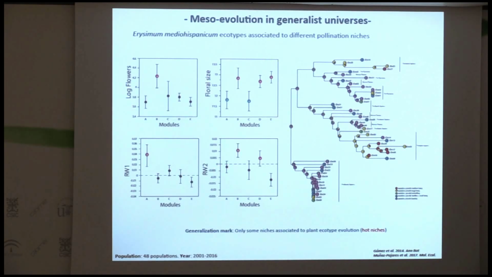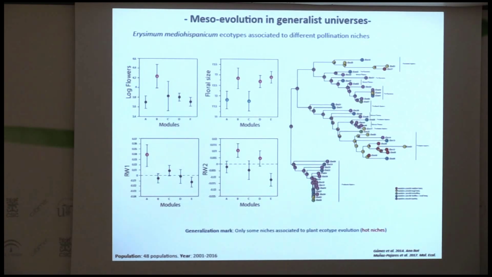You can see that, for example, for floral size, there are 3 niches, this one and this one, that are more frequent in those populations having larger flowers. And 2 niches, A and C, that are more frequent in those populations displaying smaller flowers. It's the same with the other traits. Now, there is a kind of signal.